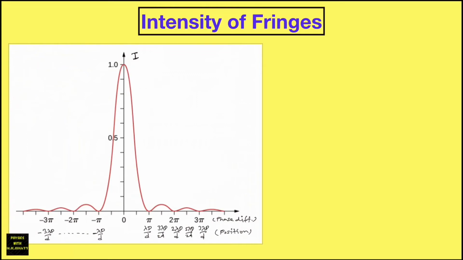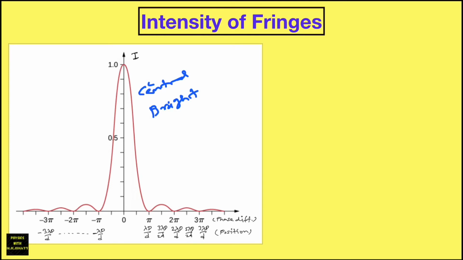You can see a big peak in the middle of this diagram, that is related to point 0. This point 0 is the center of the screen, and this peak corresponds to the central bright fringe. The central bright fringe is of maximum intensity, and other fringes have low intensity in comparison to it.